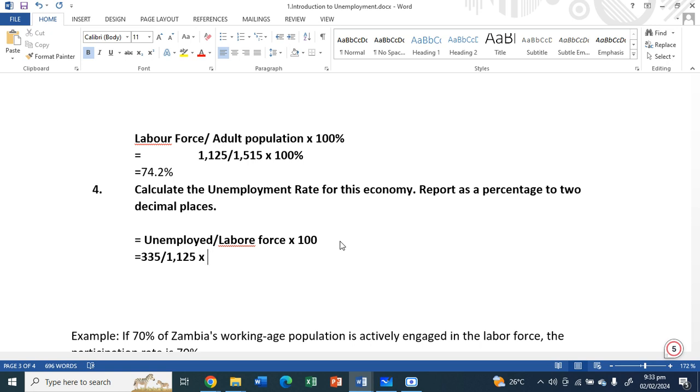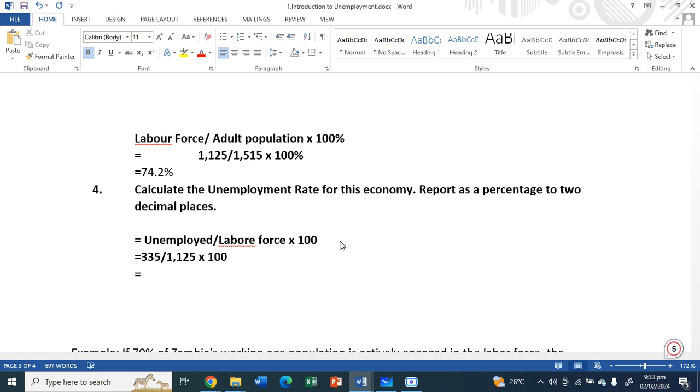Right, out of the labor force, what percent are those who are not employed but are looking for a job? Basically, that's what we're telling. So 335 divided by 1,125 times 100%, you get 29.7%.